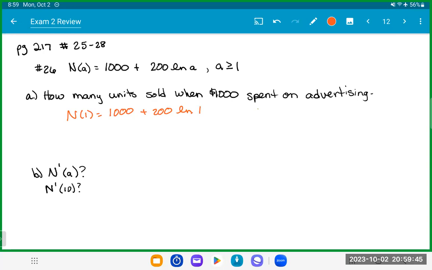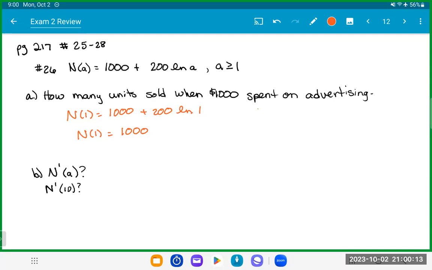And the reason we chose 1 unit is because we really wanted to choose 1 to make that ln go to 0, so that we could say that selling 1 unit gives me, I spend, how many units are sold when $1,000 is spent? 1. Okay. So now let's take the derivative, or find the rate of change of that formula.